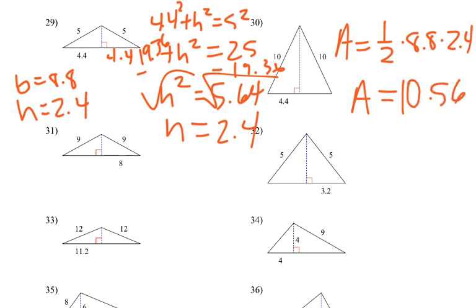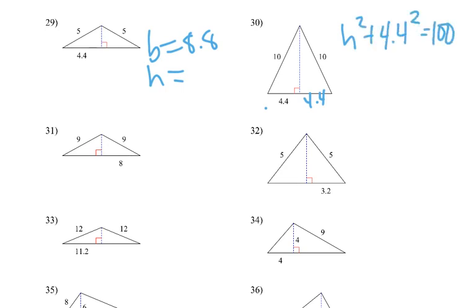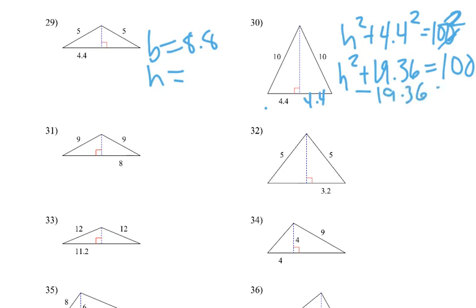Okay, number 10. So this one, 4.4 again. So my base is 8.8. Our height is going to be whatever this ends up being. So that's 10 squared, which equals 100, so h squared plus 19.36 equals 100.